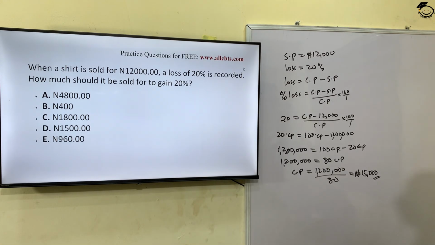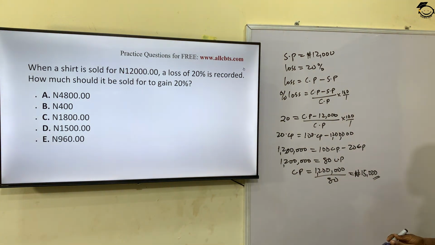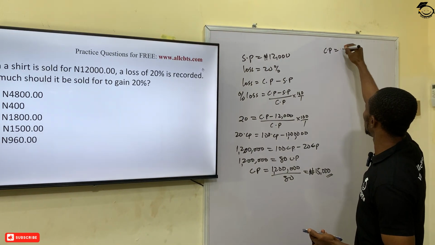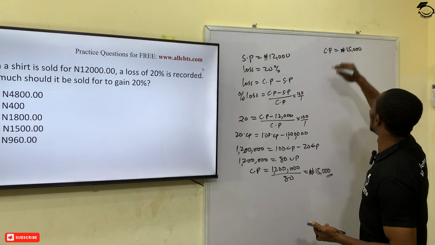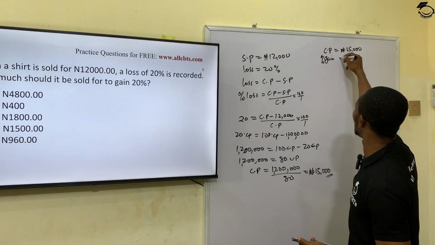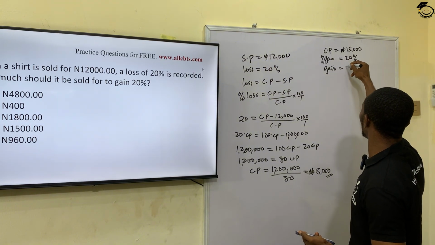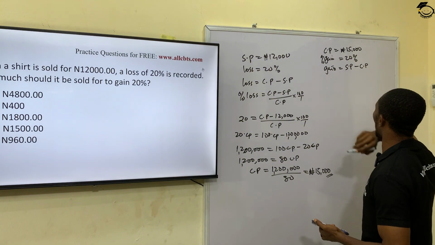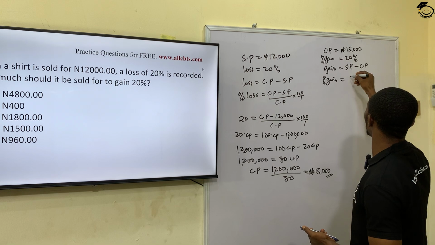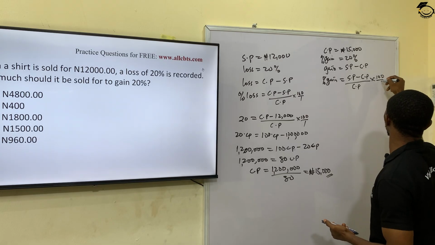Now, knowing that our cost price is 15,000, how much should it be sold for to make a 20% gain? Now, our cost price is 15,000 and our percentage gain is 20%. For us to gain, we know we have selling price minus cost price, and our percentage gain would be selling price minus cost price all over cost price times 100 over 1.